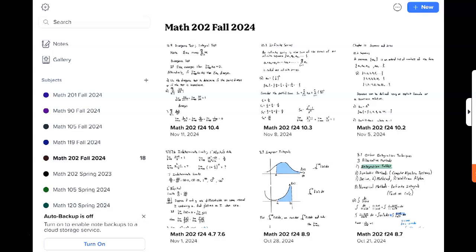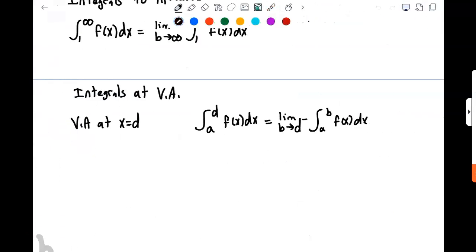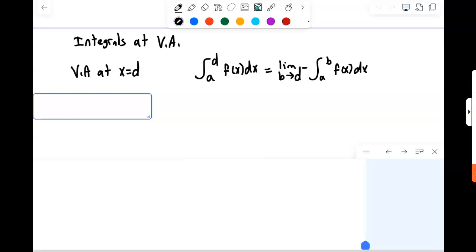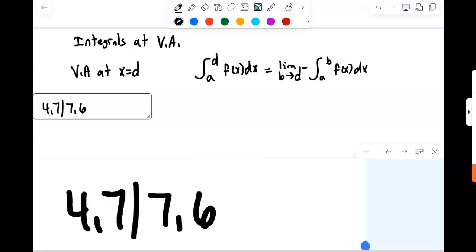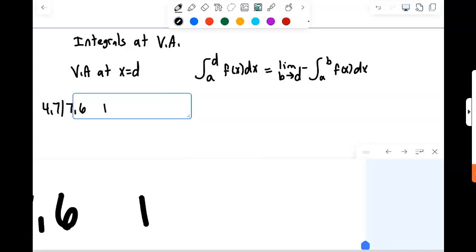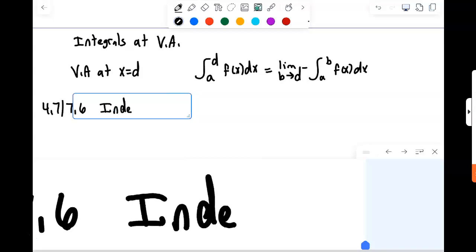We then next turned to 4.7 and 7.6. That's where we were talking about our indeterminate limits and L'Hopital's rule.